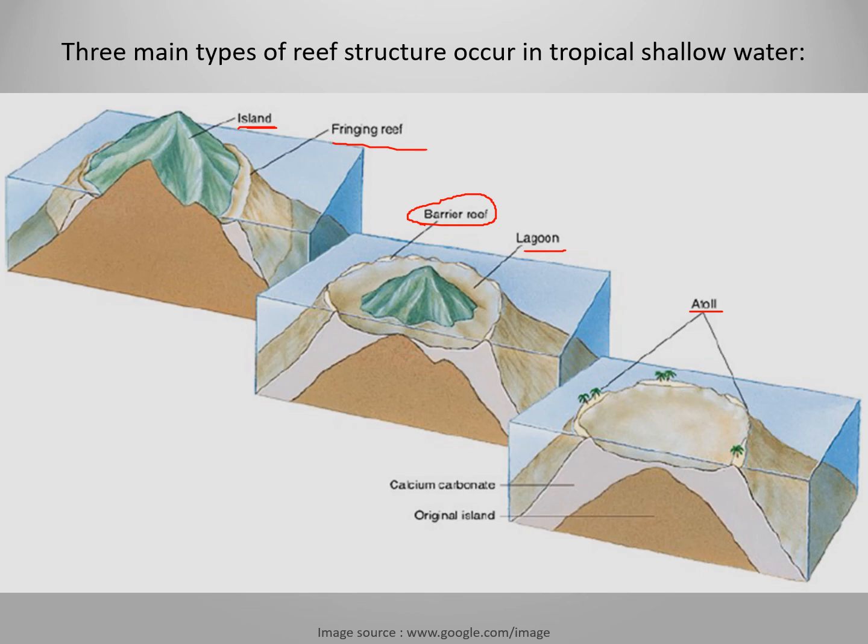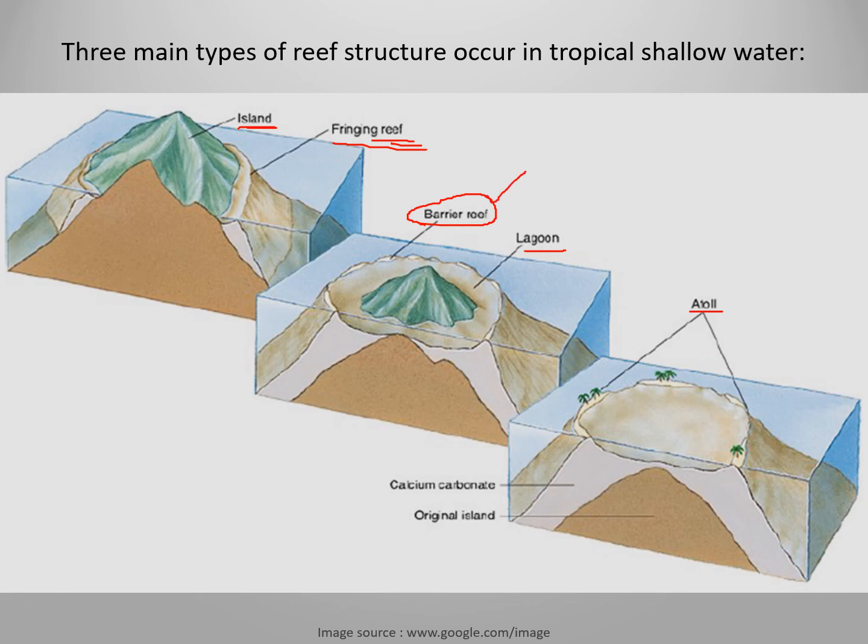With successive weathering and erosion, and with successive subsidence of the volcanic island, the reefs become some distance apart from the now exposed island, and thereby form a lagoon, and now the reefs become a barrier reef.